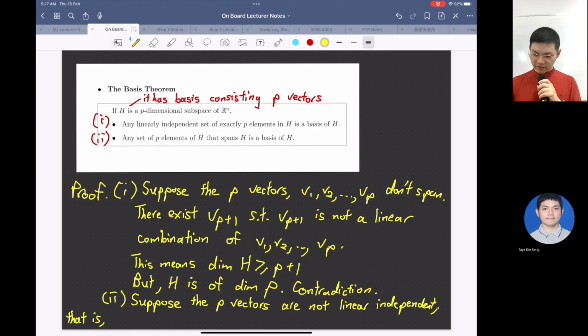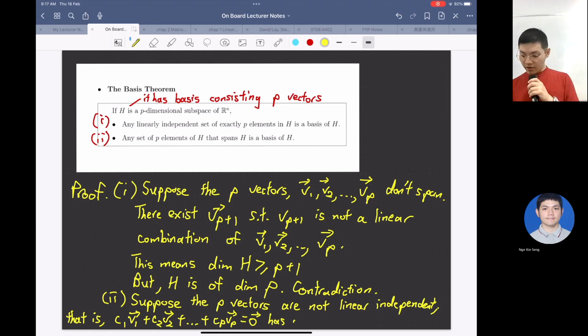That means the vector equation c1 v1 plus c2 v2 plus up to cp vp equals 0 has a non-trivial solution. So some of the ci are non-zero. What does it mean that some of the ci are non-zero?